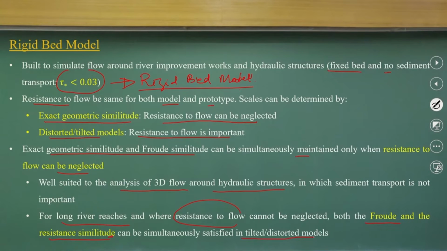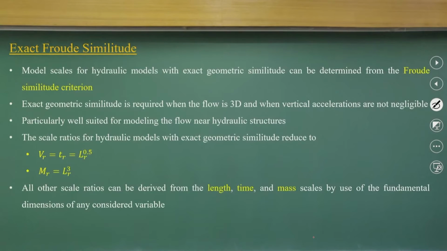Now, for exact Froude number similitude, as already discussed, the exact geometric similitude should be there, and it is 3 dimensional.